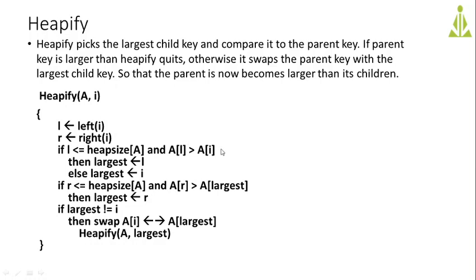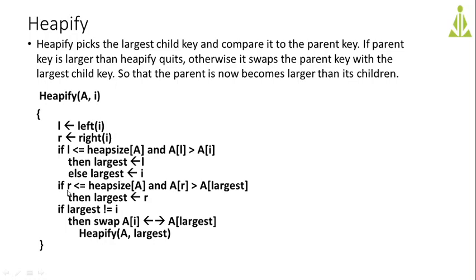If this condition is satisfied, then largest is l, else largest is i. If A[l] is greater than A[i], then only it will be largest. Otherwise, the previous A[i] only is the largest.